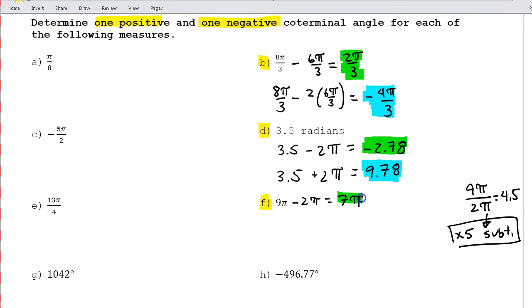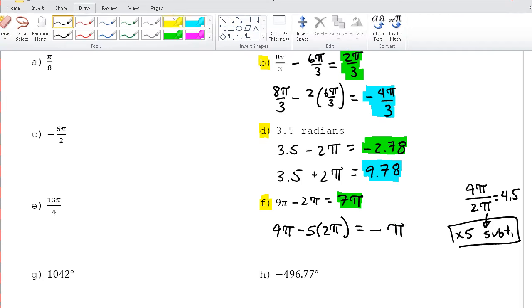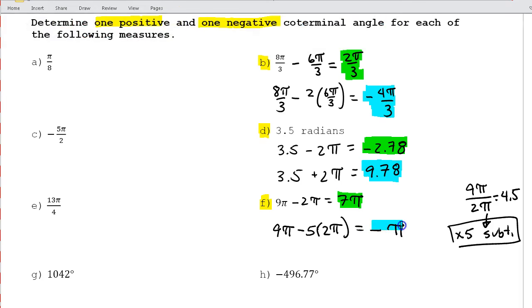So there's my positive coterminal angle. And then let's do 9 pi minus, so I already figured out 4.5 times will get me back, so I'm going to have to do at least 5 times, minus 5 times 2 pi. So that's 10 pi, so 9 pi minus 10 pi gives me negative pi, and there's my negative coterminal angle.